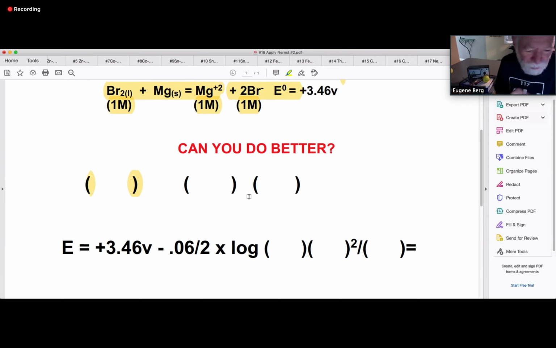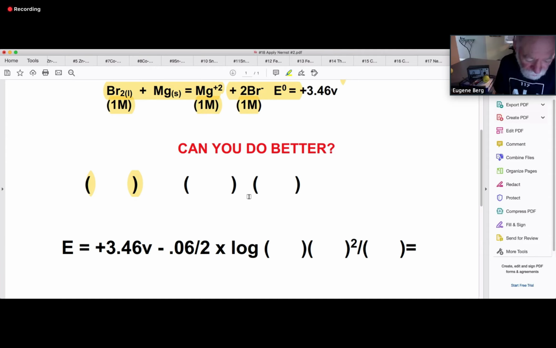Okay. So now I'm going to do the next part. So times 0.06 divided by 2, which is 0.03. So times a negative 0.03. So times negative 0.03 equals, I get an answer of plus 0.099.